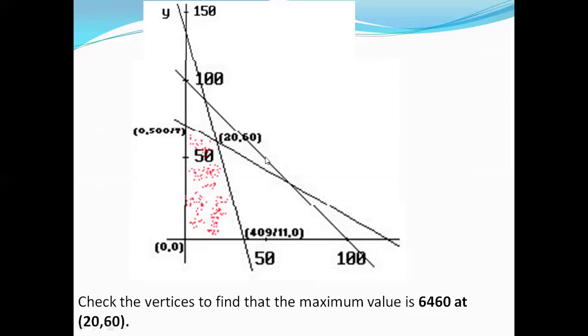Between these two limits, the point 20 comma 60 exists. Hence, in the case of this third strategy, equating, not minimizing or maximizing with both constraints x and y, the moderate solution leads to the vertices to find the maximum value at 20 comma 60.